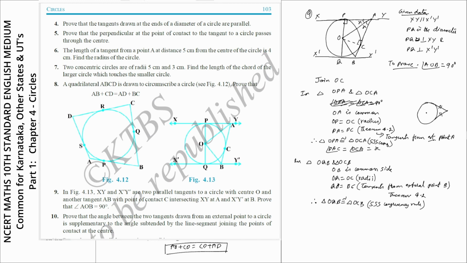Okay, so since these two triangles are congruent, the corresponding angles should be equal. So angle OQB is equal to angle OCB. I'll call this Y. I mean, let the measure of these two angles be Y degrees. So I'll mark here this is Y degrees and this is also Y degrees.